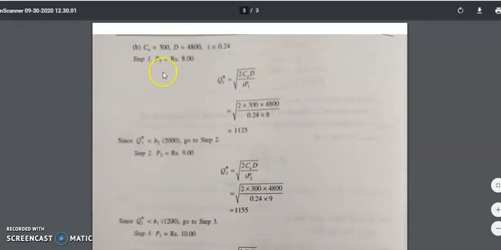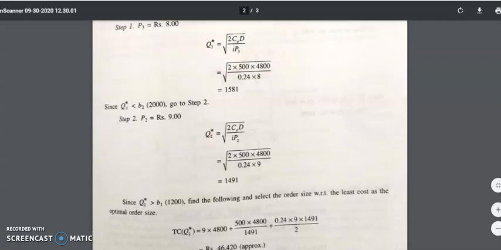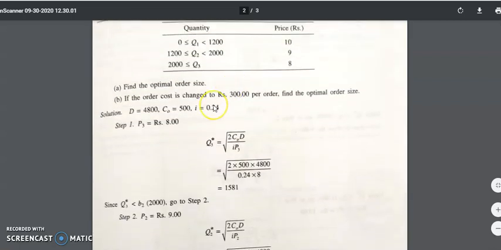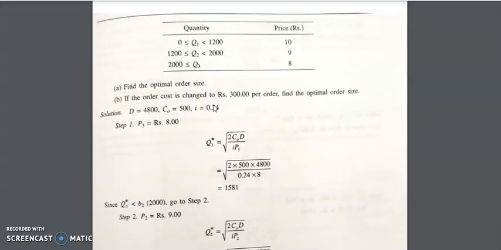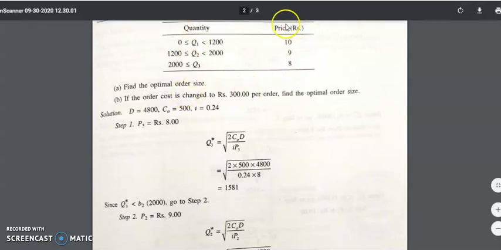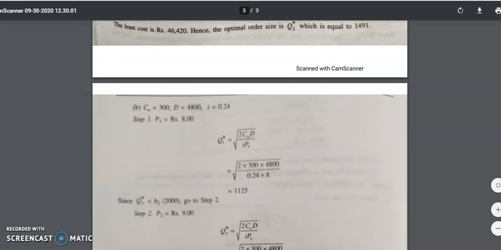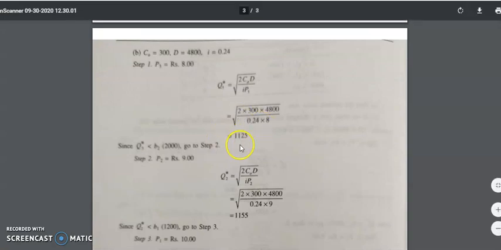Now in the second part, they have asked what would be the quantity that you order where the ordering cost is less. For this, the ordering cost is 500, but here we are converting the ordering cost to 300. So when you change the ordering cost to 300, instead of 1500 something, we have got 1155.